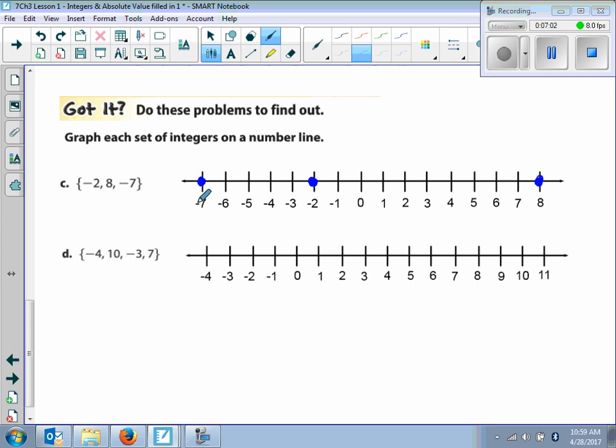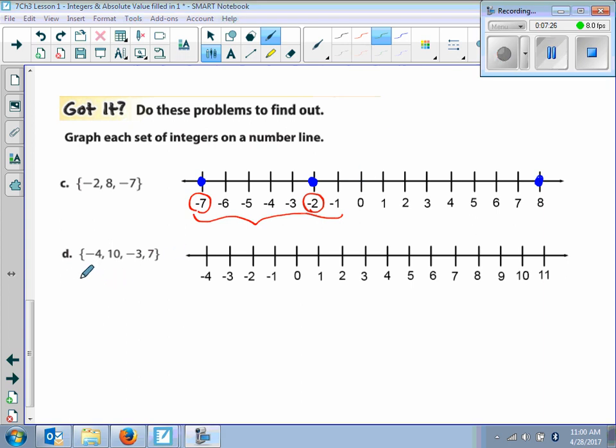Negative 7 is a smaller value than negative 2. When we are looking at negative numbers, the larger the digit, the smaller the value of the number. Is everybody clear?